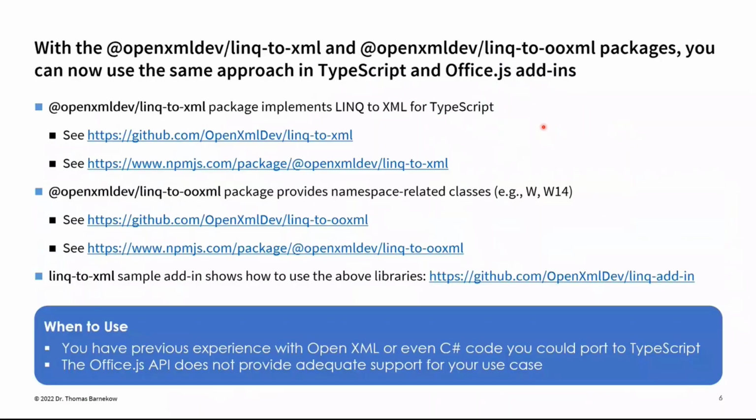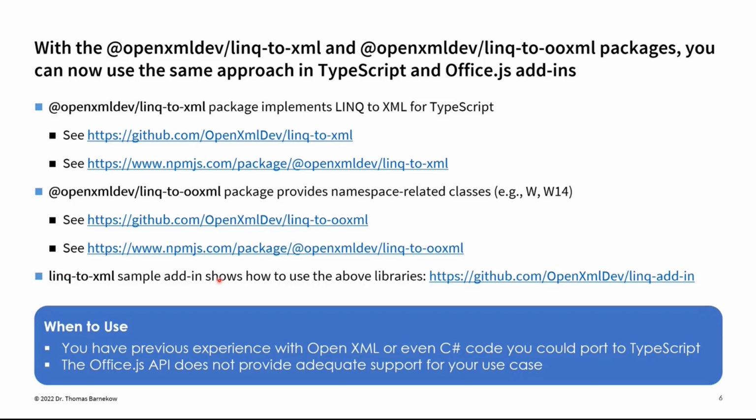What is used for this purpose are the libraries that I already mentioned. So the Linq to XML library, which you can see on GitHub and as an npm.js package. And then the Linq to Open XML, or OO.xml, package, again hosted in the Open XML Dev organization, and the same on npm.js.